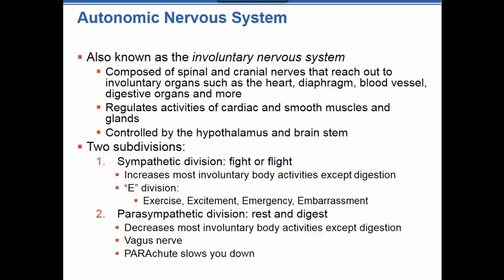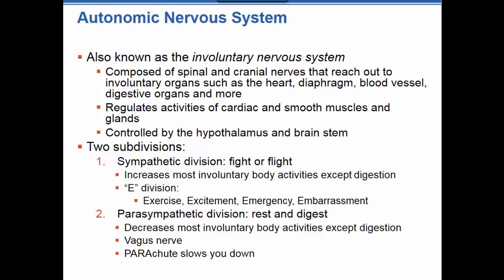If you recall, the medulla oblongata and the hypothalamus and even the pons all contain autonomic control centers that are going to be controlling these activities. But the autonomic nervous system itself is composed of cranial and spinal nerves reaching out to these involuntary organs. There are two main subdivisions to the autonomic nervous system, the sympathetic and the parasympathetic nervous system.